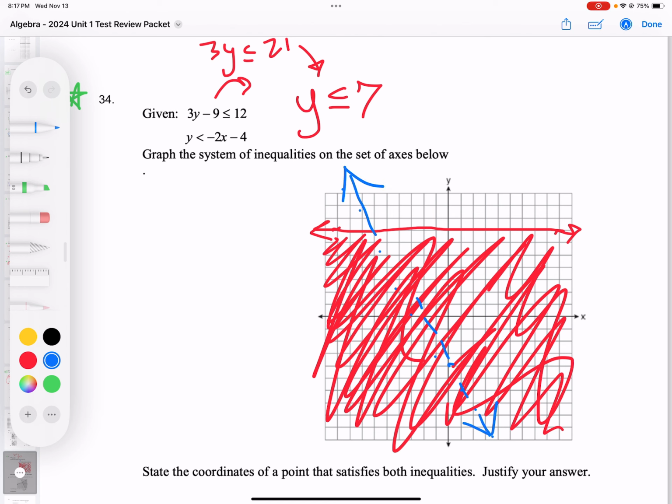And then, of course, we're labeling because we're very good about our attention to detail. And we're good about our labeling. And we're good about our shading because it's less than that. And we're good about our writing solution set, big S, whether it asks for it or not.